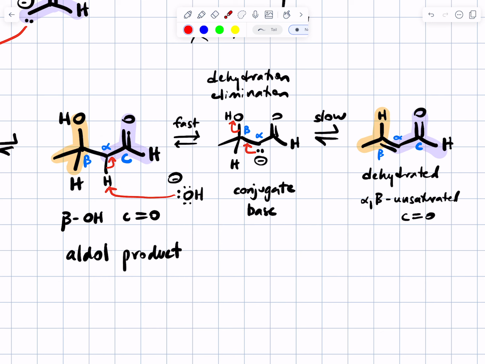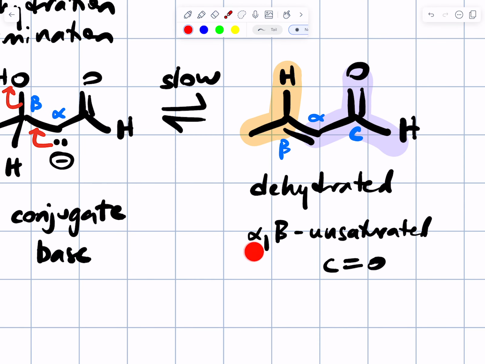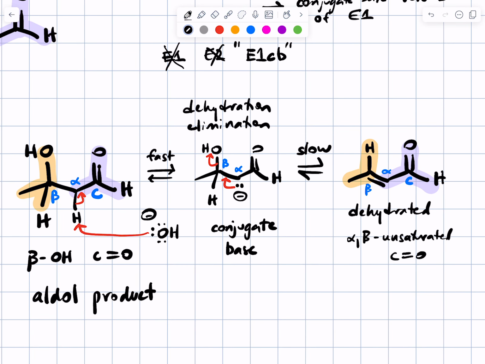The one thing that the alpha beta unsaturated carbonyl compound has that the beta hydroxy aldehyde doesn't have is conjugation between the pi bond of the alpha beta carbons and the carbonyl double bond. And conjugation, resonance stabilization, is favorable.